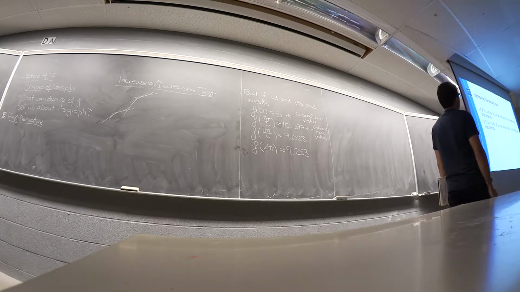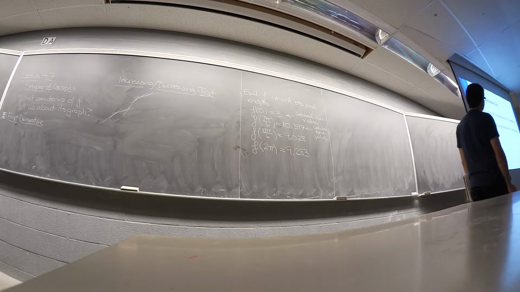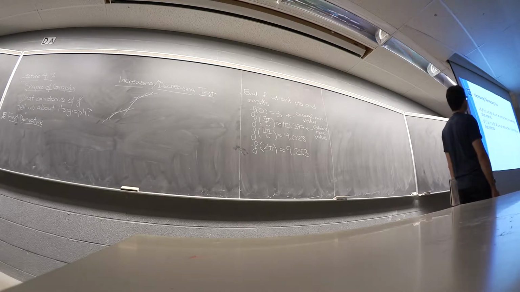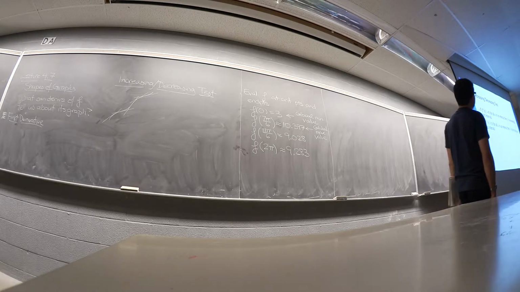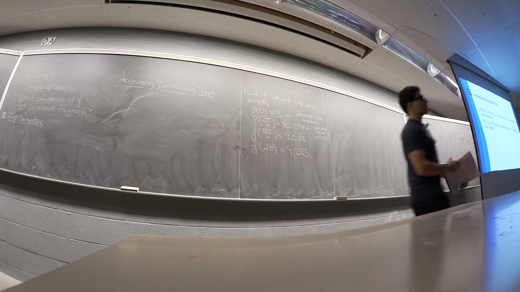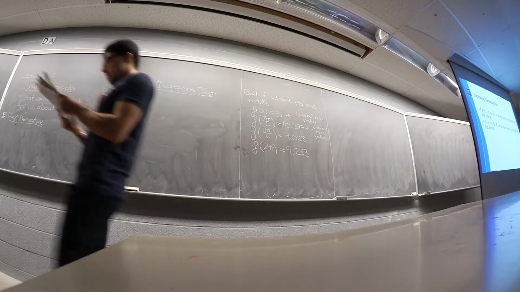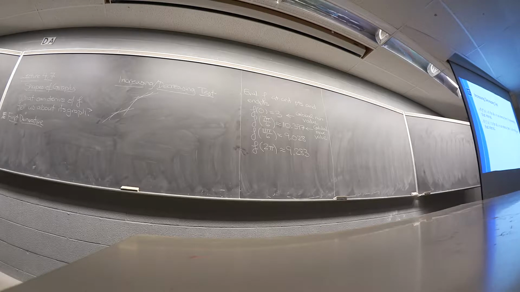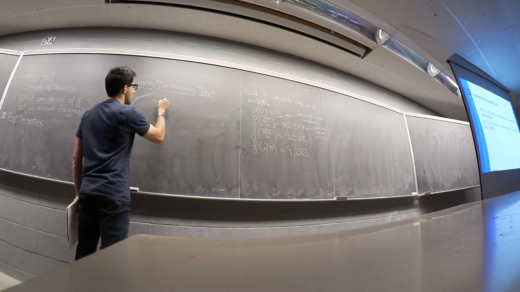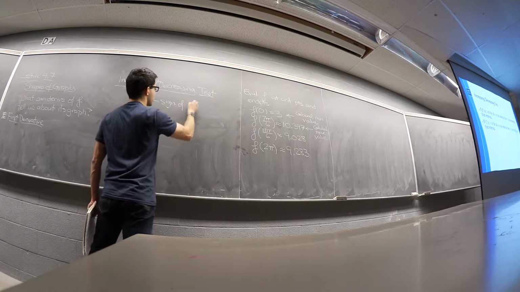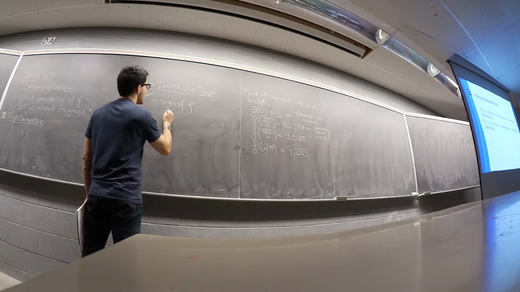Okay? If the derivative is positive over an interval, then f is increasing on that interval. If the derivative of f is negative over an interval, then f is decreasing on that interval. Okay, sign of derivative, you can just write that if you want.